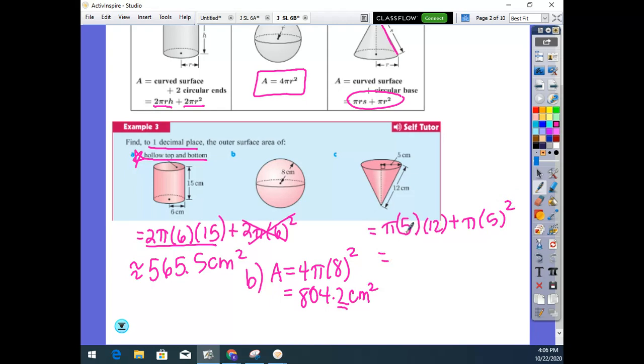You might want to do 5 times 12. You could write 60 pi plus 25 pi. That might be okay too. This is an exact answer when you include pi. When you take 85 times pi, it's approximately 267.0. Why do we need the 0.0? Because the directions asked for 1 decimal place. So if you just wrote 267, you would miss a mark.